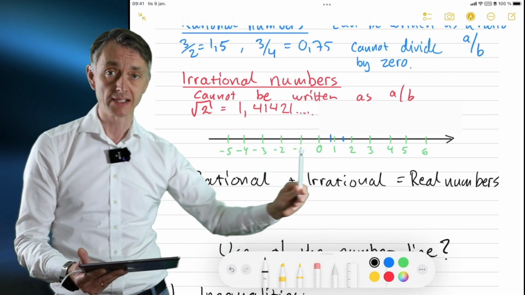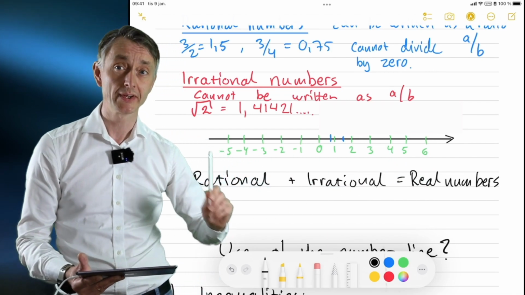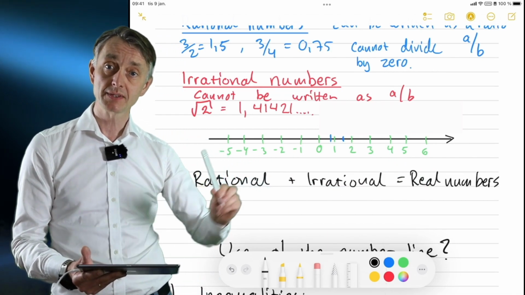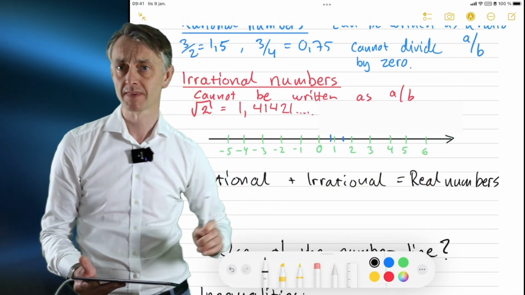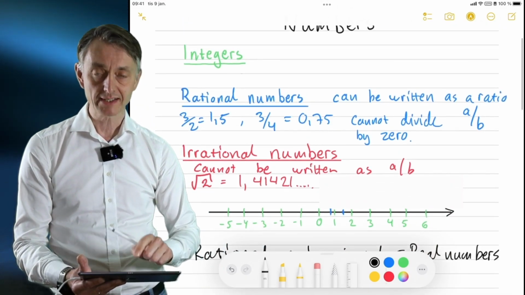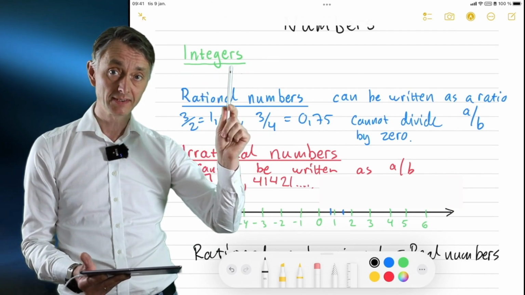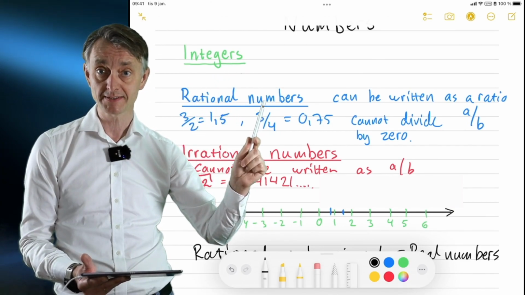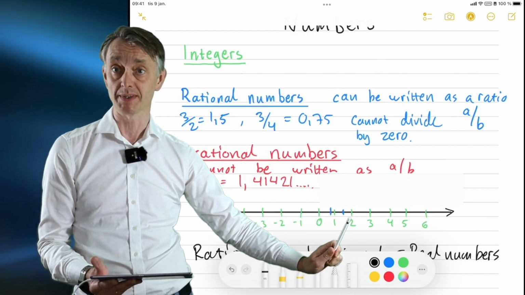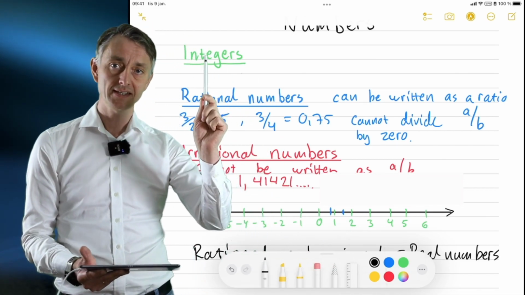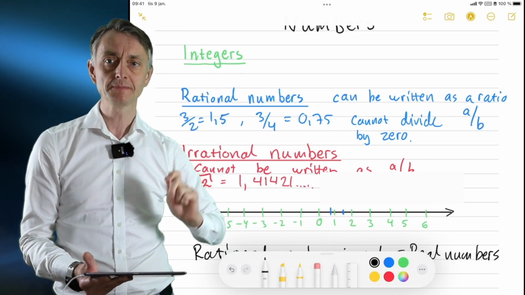So this number line is sometimes called the real number line. So we have a continuous flow of numbers going from the left to the right. And also, going back a bit, we can see that an integer, that is also a rational number, right? Because the integer 2 could, for example, be written 4 divided by 2. So this is also a rational number.